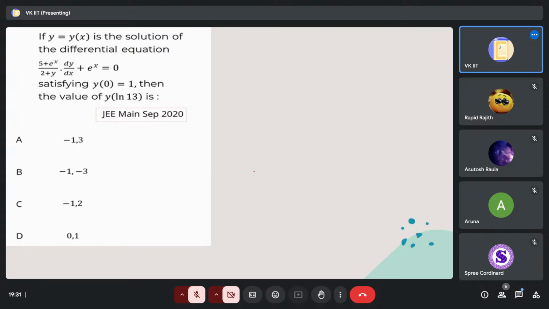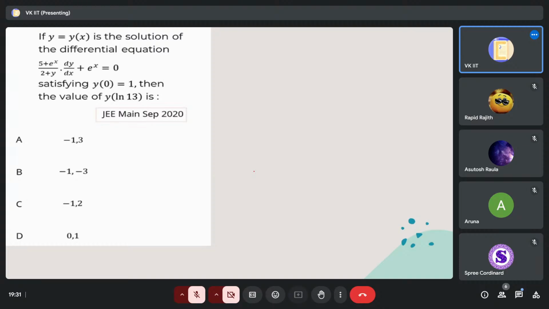Yes, any answers? Sir, what does it mean by y equals y function of x? The initial part of the question.